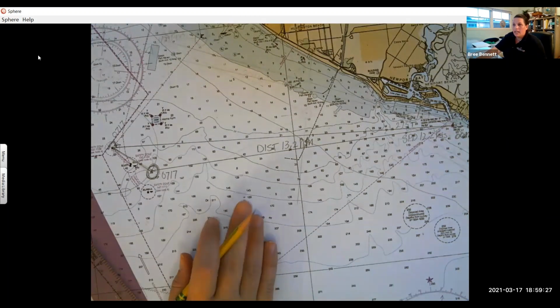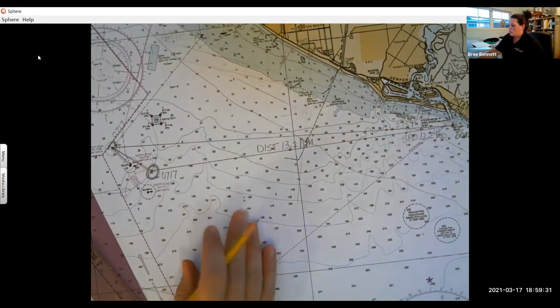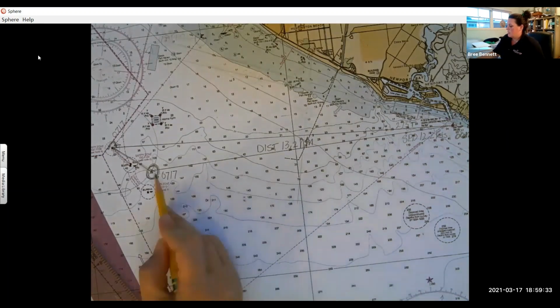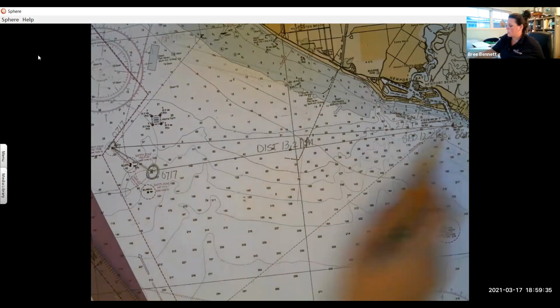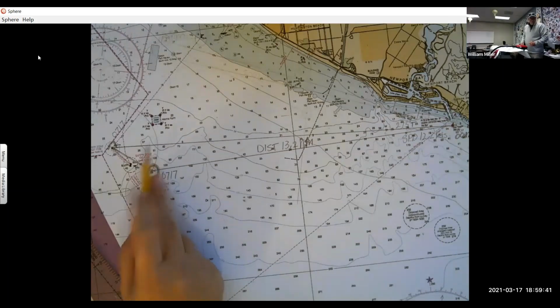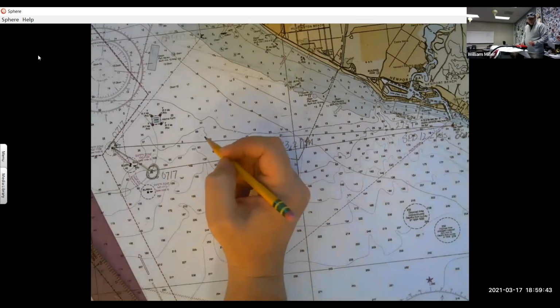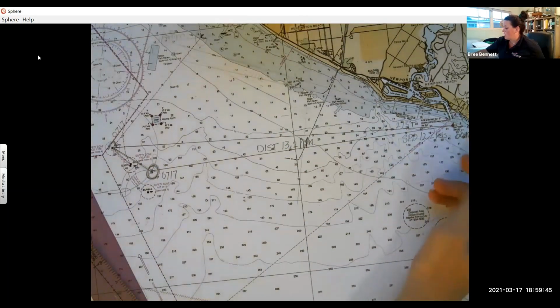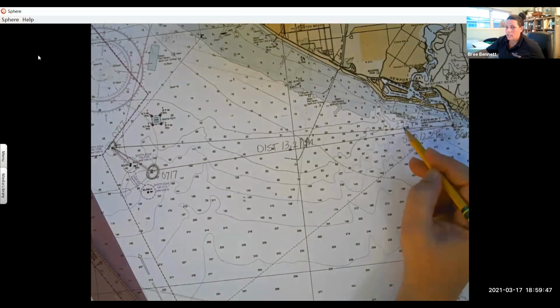So let's label our legs of the triangle again. So what is the first line we drew? What was that one? Course. Course made good. So the first one was actually our heading.